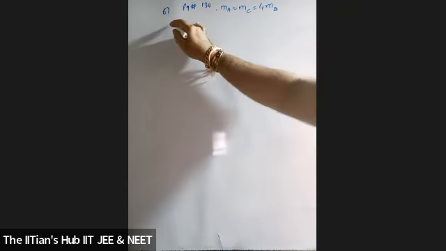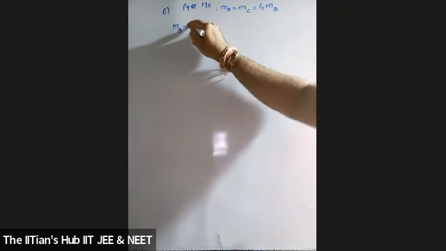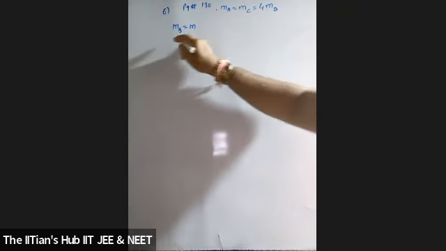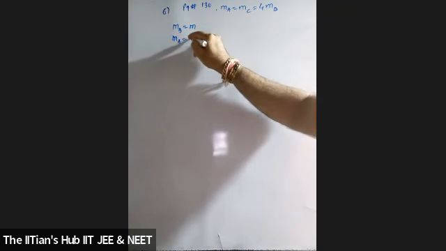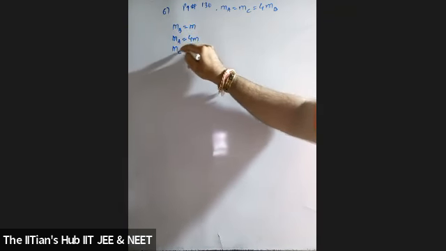So we can consider mass of B as M, students. Agreed? Therefore, mass of A will be 4M, mass of C will be 4M.